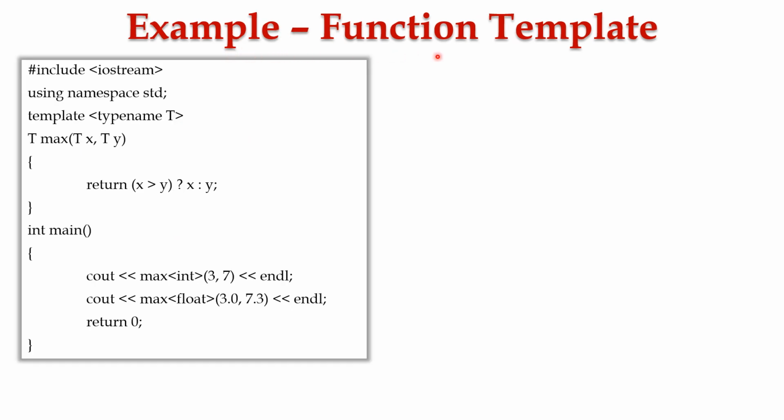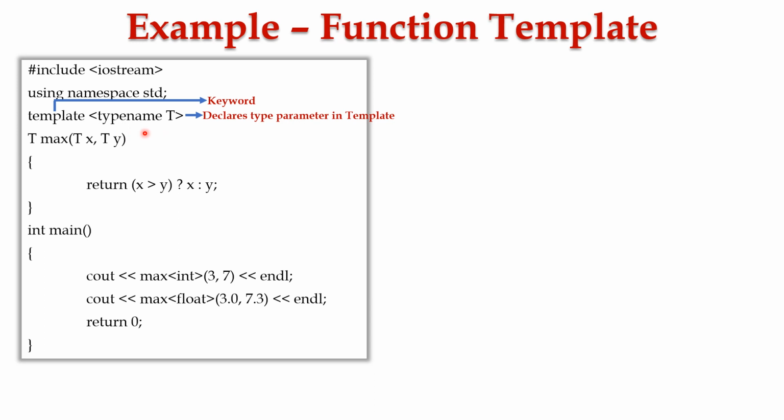Let's have an example program using function template. Here template is a keyword and within the angular brackets we have the declaration of the type parameter in the template, where typename is the keyword and T is the placeholder for any data type.